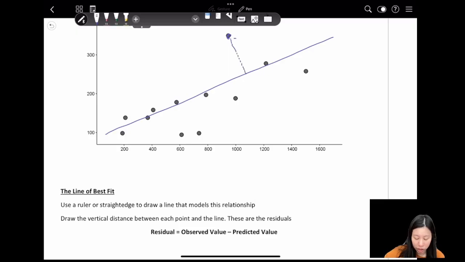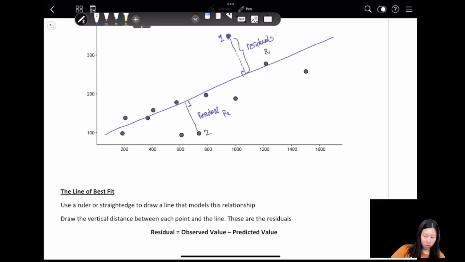This part is called the residual distance, which means it's perpendicular. And these are also residuals. For example, this is point 1, this is residual 1. Then point 2 has another residual, which we call residual 2. And even for a small line like this, there is a residual 3.